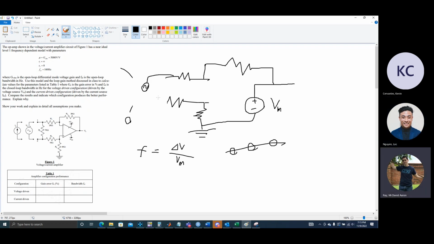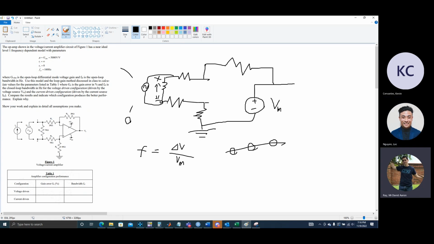And since it is saying that this place right here minus this place right here is 0, that means that there's no voltage drop.